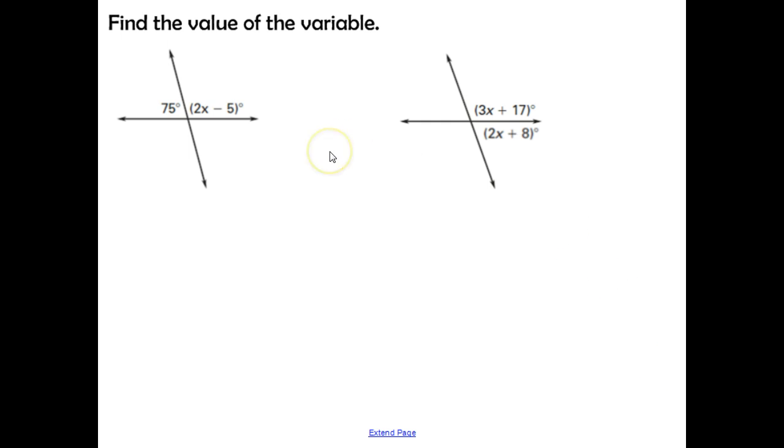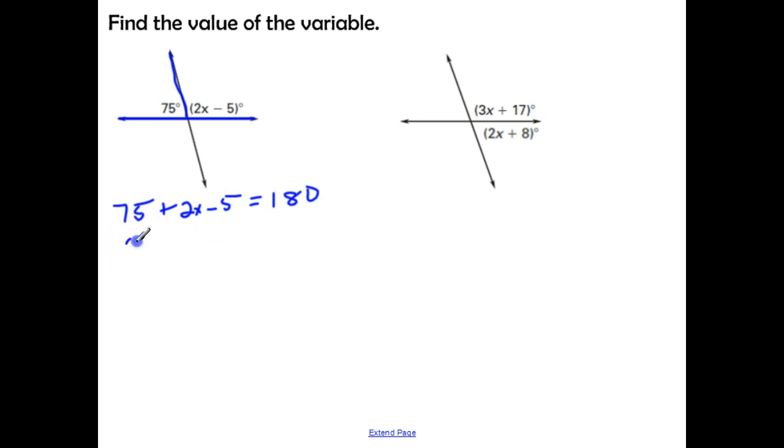So now we want to work through these two examples and find the value of the variable. So we need to take what we've learned about linear pairs, about them being supplementary, to find the value of the angles. So these two angles are a linear pair, and they're supplementary. So 75 plus 2x minus 5 is going to equal 180.